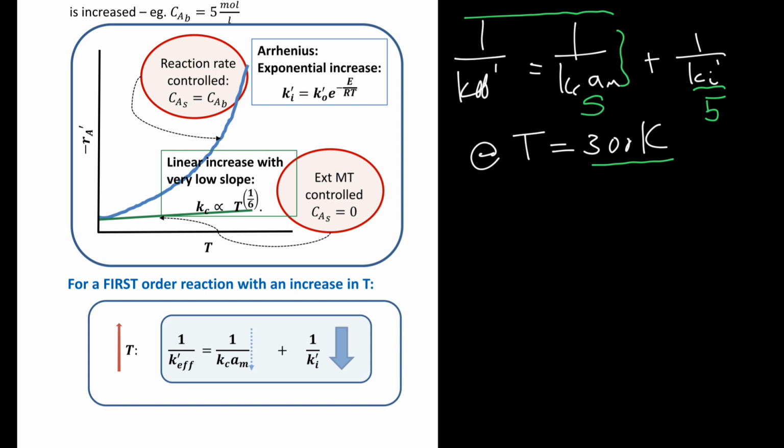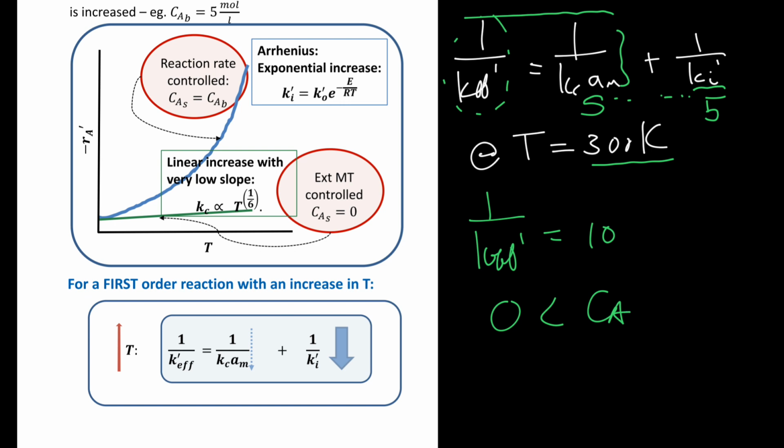In other words, both of them have about equal hold or control over my reaction. Both of them affect the rate, and therefore my overall K effective value can be determined, but that overall resistance I know must be equal to 10. This implies that I am in that regime where the surface concentration is not 0. It is also not equal to the bulk because both of these rate processes have an equal effect on the overall resistance to my rate.